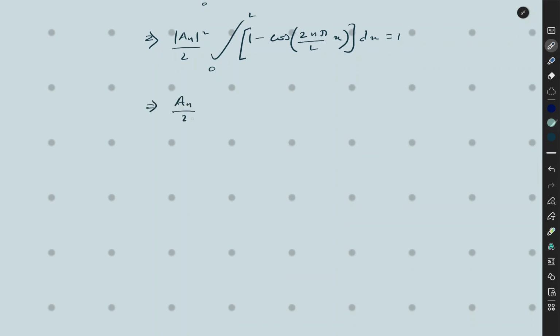So A n mod square by 2. If we do the integration, it becomes x minus L by 2n pi into sine of 2n pi by L x, from 0 to L, equal to 1.